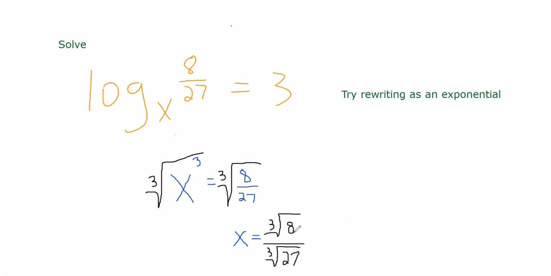If this was 7 here and this was like 28, it probably wouldn't come out clean. But for the cube root of 8, we need a number which multiplies by itself 3 times to produce 8, and it just so happens that comes out cleanly as a 2. Cube root of 27, we need a number that multiplies by itself 3 total times to produce 27, and that'll be just 3.